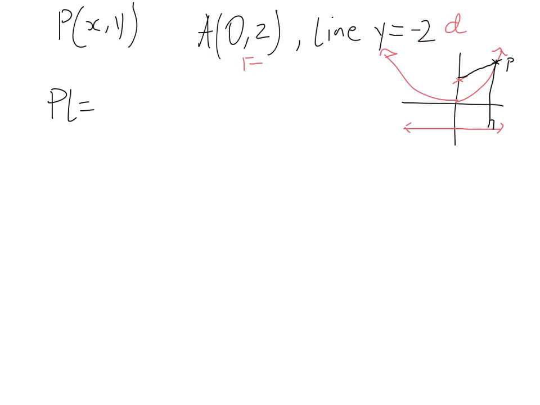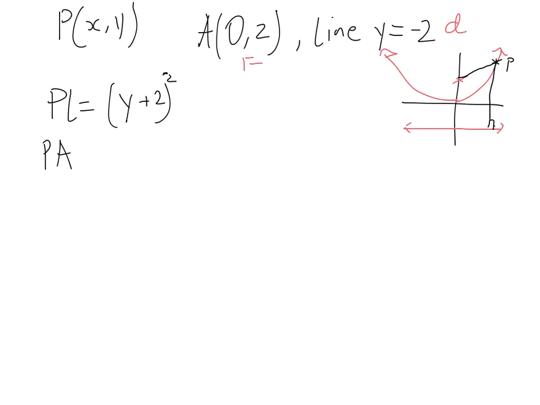Well, that's just the difference between y and negative 2. That's just y plus 2 units. So that's y plus 2, all squared. And then of course my distance PA.